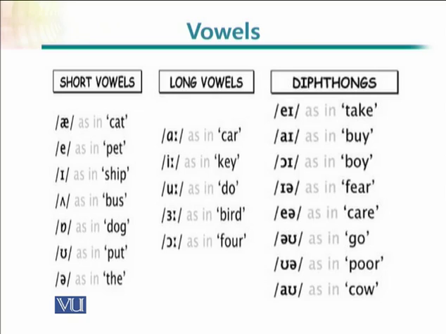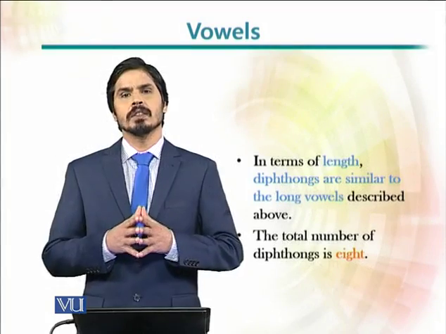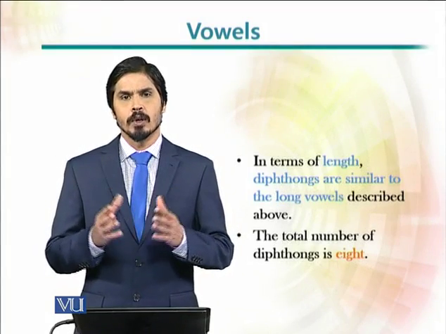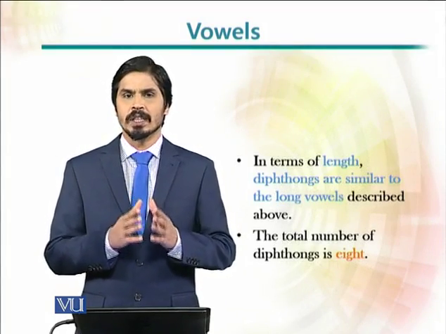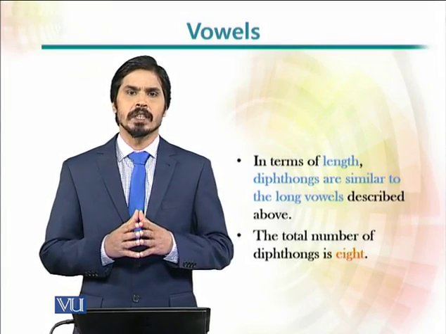And diphthongs are involved in the making of the sounds in the words take, buy, boy, fear, care, go, poor, cow. In terms of length, diphthongs appear like long vowels. However, there are a total of 8 diphthongs in the English language.